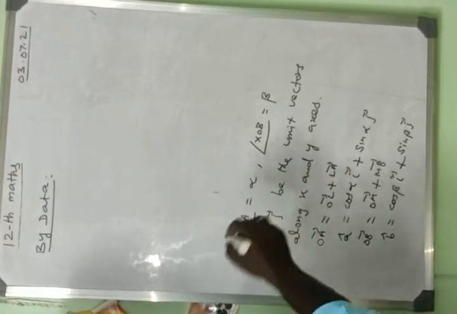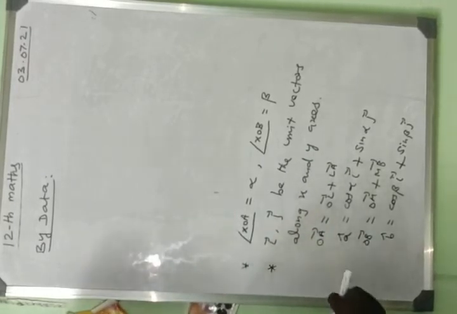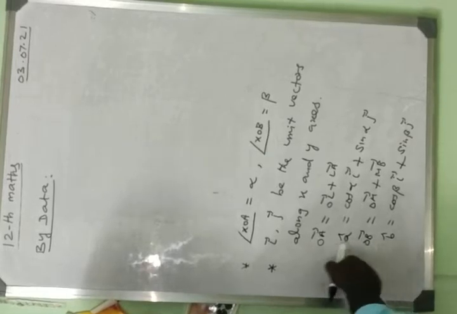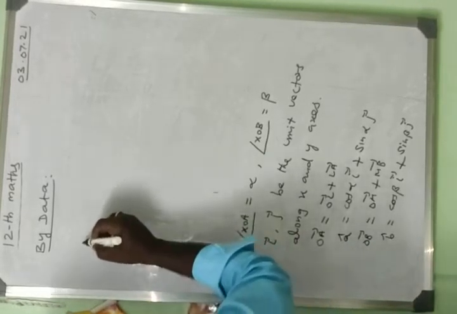We want cos of alpha plus beta. Cos means we put dot product, so for both vectors cap A and cap B, take the dot product. That will be theta.